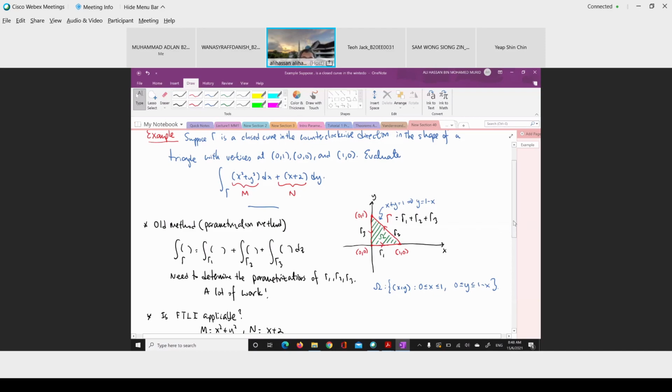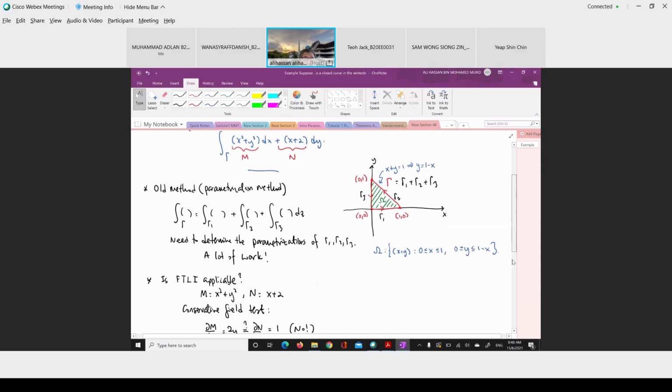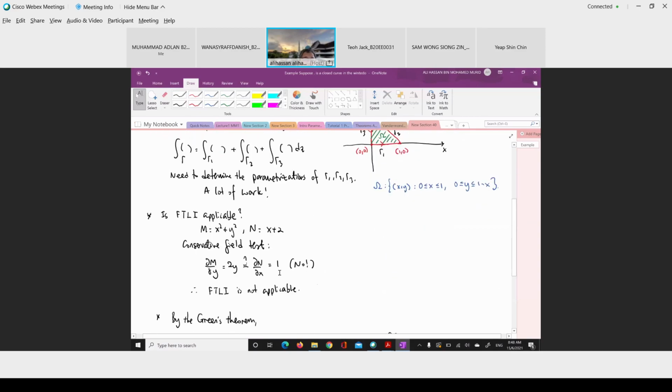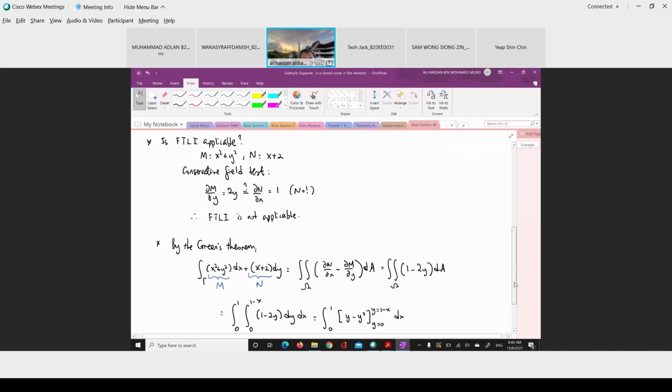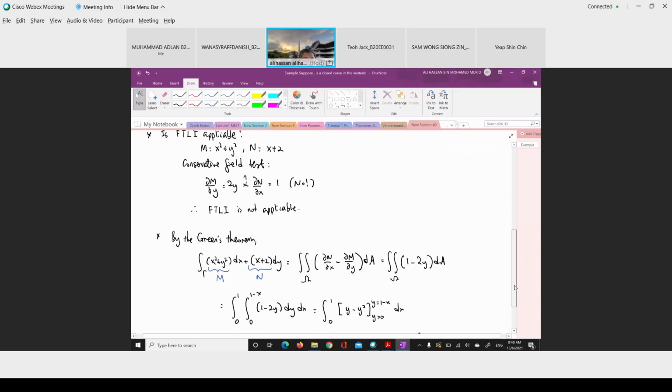Also, a quick check of the conservative field test shows that FTLI is not applicable. So then you can quickly make a decision that I should apply Green's theorem here.